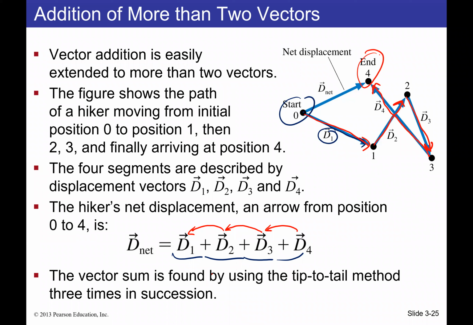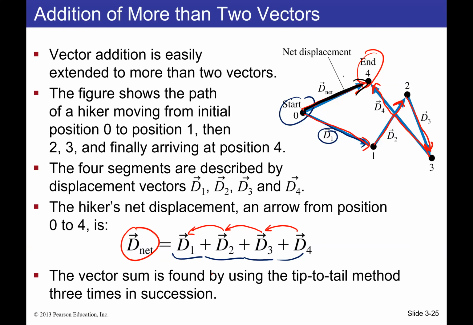This point 4 here is my end point. So I add those together using the tip to tail method, and my DNet, which is the resultant, always connects your start point and your end point. So this is your resultant.